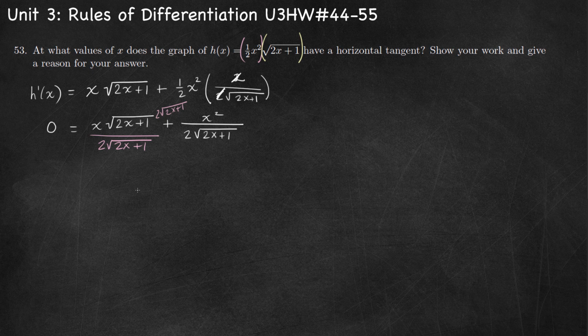When I multiply x root 2x plus 1 times 2 root 2x plus 1, I get 2x times 2x plus 1, and then plus the x squared from the other fraction, all over my common denominator, which is 2 times the square root of 2x plus 1.